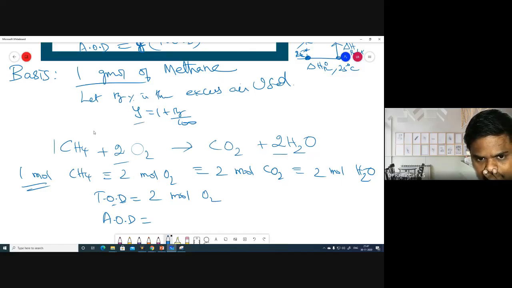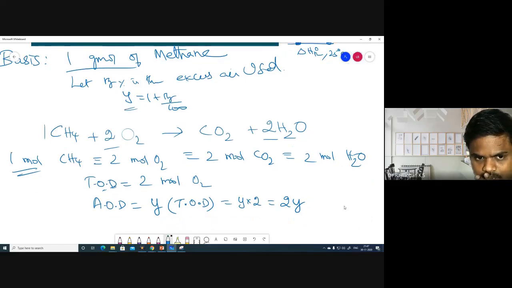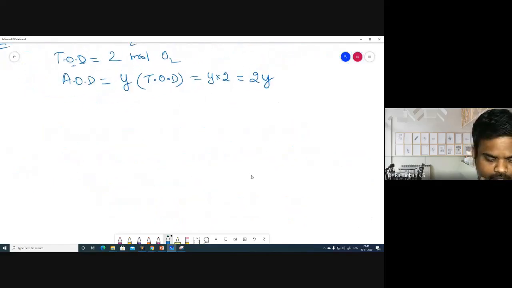Actual oxygen demand is y times theoretical oxygen demand, which is equal to y into 2. You can write it like 2y. So actual oxygen demand is 2y. Then what is your actual air demand?